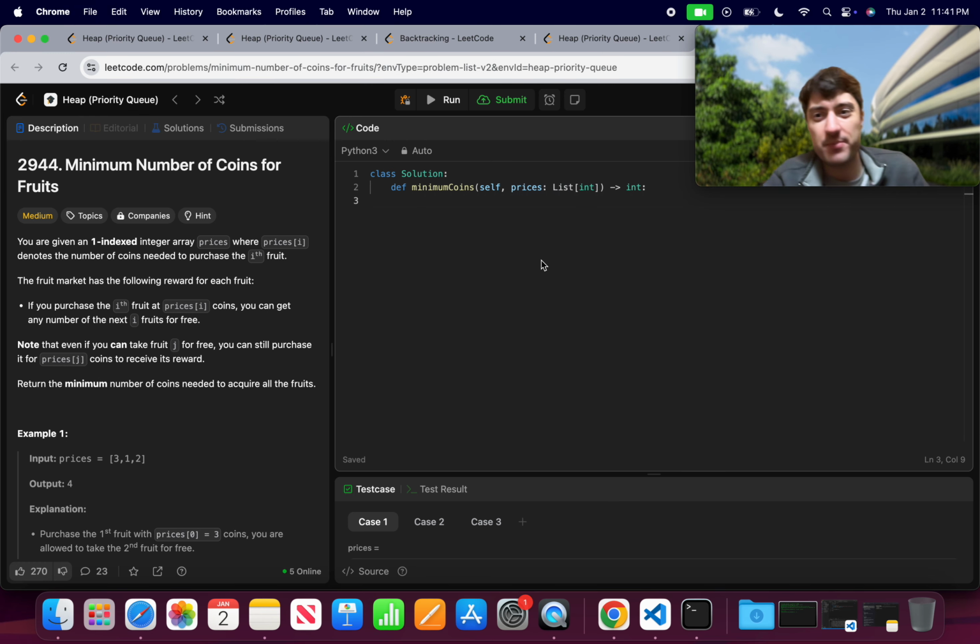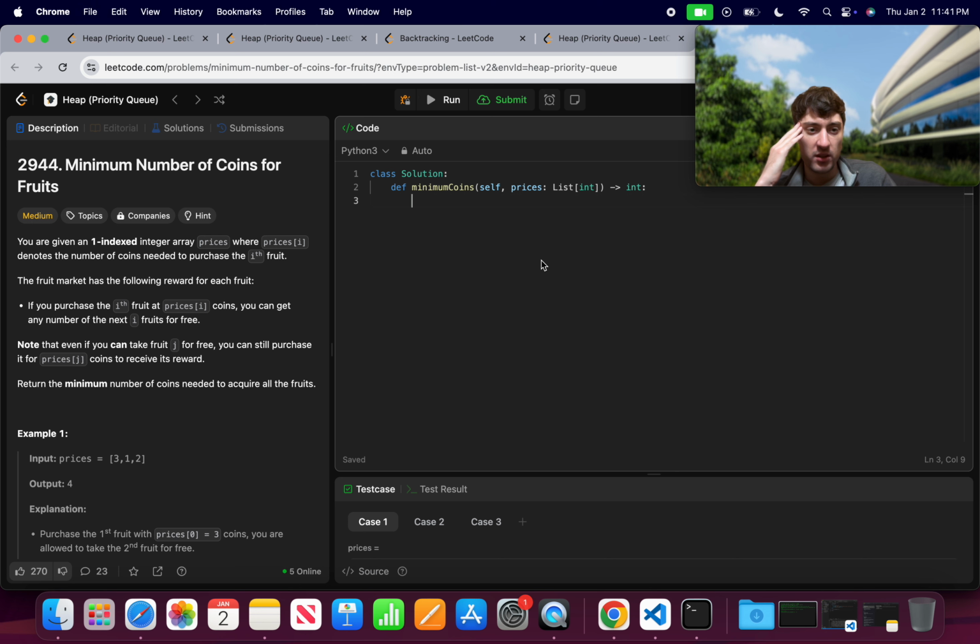The algorithm seems to completely escape me. This is like a backtracking problem. With backtracking, the keyword is like find all combinations. I'm not seeing anything that says find all combinations.